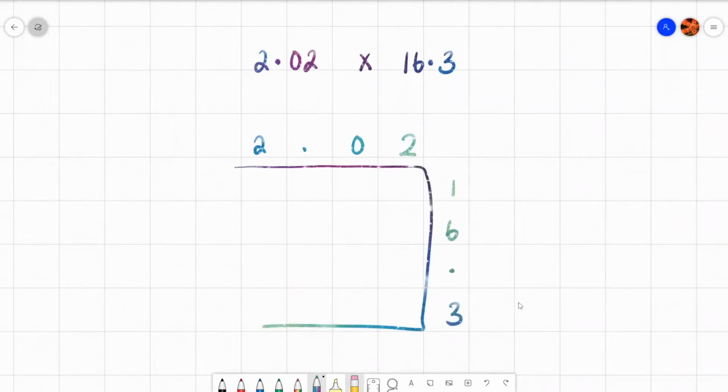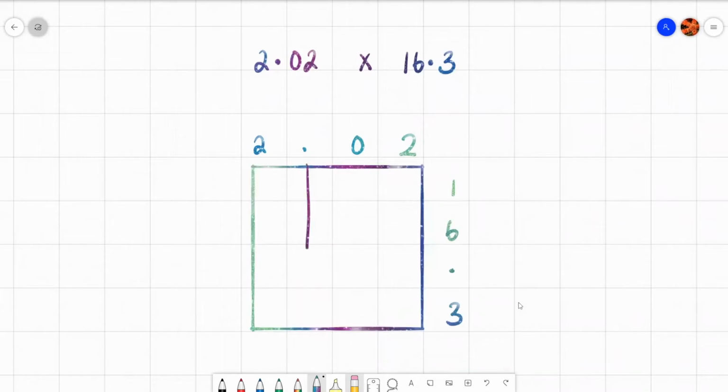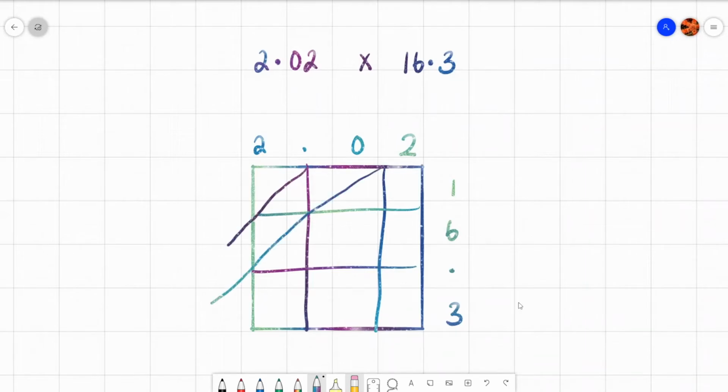Draw your box and split the numbers up. So 2 and the 0, 0 and the 2, the 1 and the 6, and the 6 and the 3. Draw your diagonals. My box is not drawn that properly, therefore they're not meeting properly. But there you are, you get the gist.